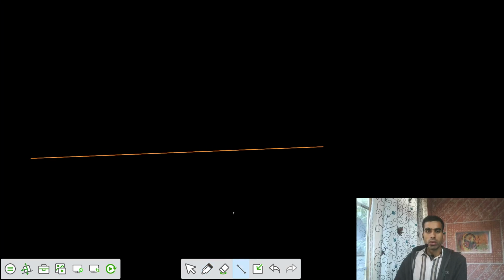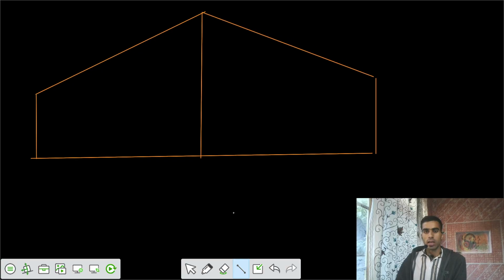We have bottom members 1, 2, 3, 4, 5, 6. We have 6 members. Then we might have the main member at the mid part. After that we have the top members that are linearly varying. They are arranged in this fashion. If we have 6 members, that means one member is here, one member is here, one member is here.